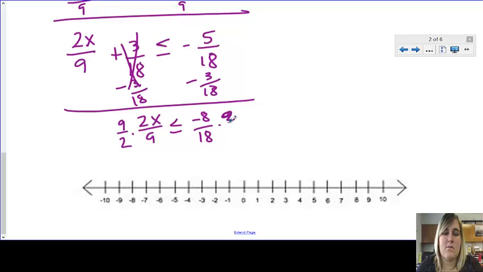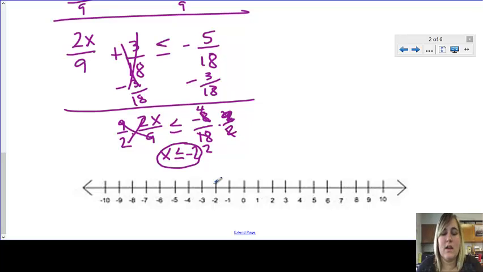Whoops, I did that backwards, don't I? Over 2. So cancels, cancels. I'm left with x is less than or equal to 2 goes into 8 4 times, 9 goes into 18 2 times. So that's a negative 4 over 2, which is going to be a negative 2. This is my final answer.